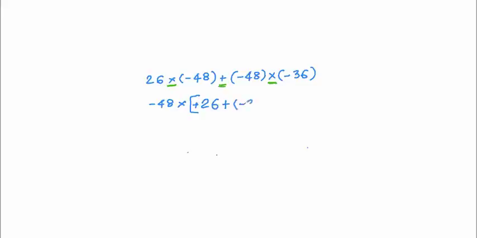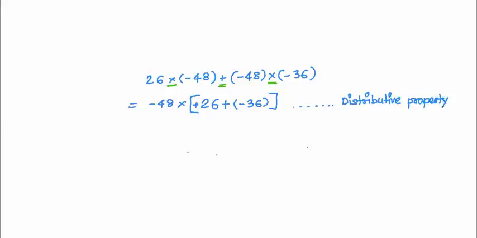So plus minus 36. What we have used is the distributive property, the second representation, where we are taking out the common.